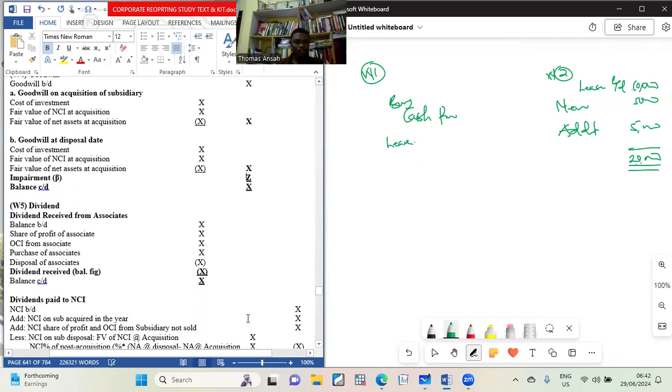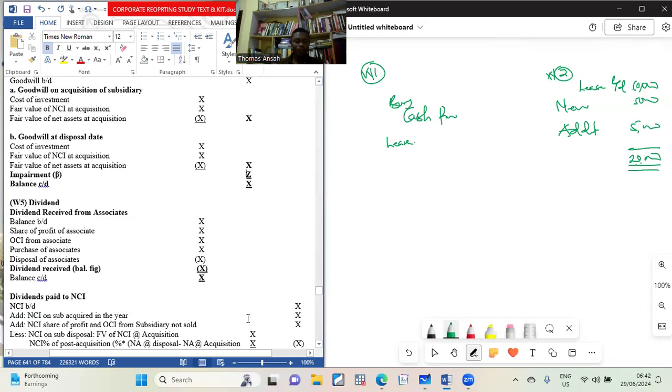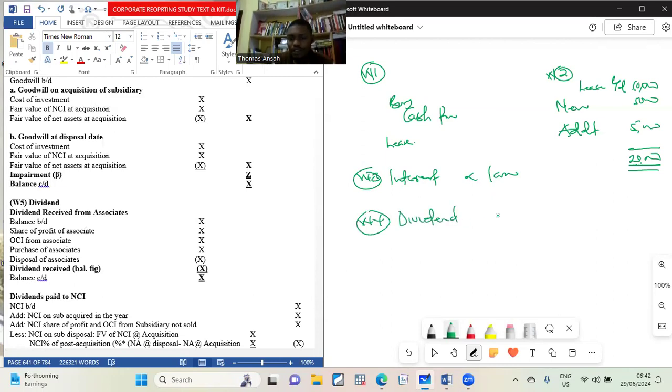All right. Now the workings, like always: your workings 3, I've said, should be your interest and tax, right? Interest and tax. So you do both. Then your workings 4 should be about dividend. Now the dividend payments, so we have dividend in associate.